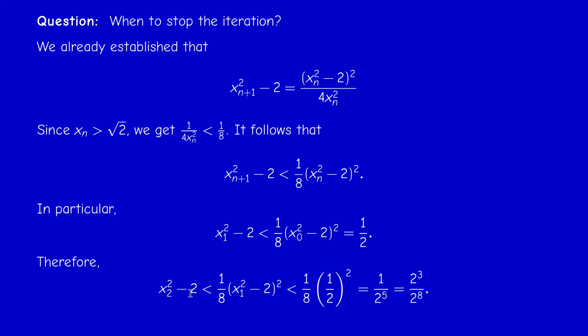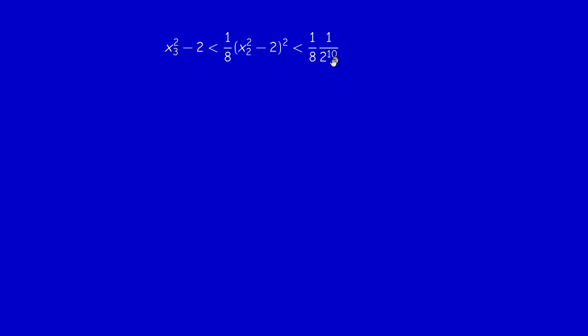Let us do one more step. Apply this inequality to n equal 2. So we get x_3 squared minus 2 is less than 1 over 8 times the previous error squared. But the previous error was less than 1 over 2 to the 5. So when I raise to the power 2, I get 1 over 2 to the 5 squared.